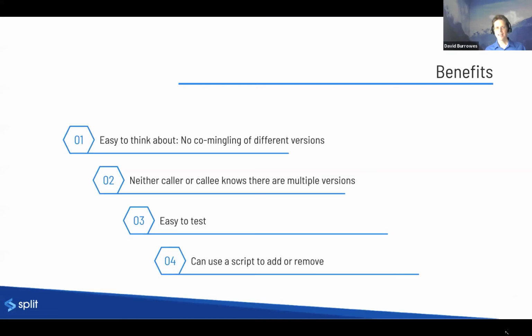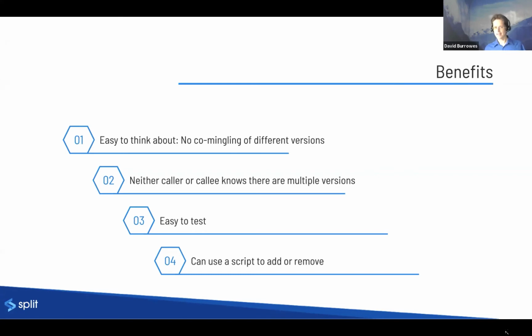Now, why is this good? This actually makes the code easier to think about. You're not trying to commingle multiple features in one body of code. Each body is really focused on its individual goal. What's interesting here is the caller doesn't know that there's a feature flag. It's calling the toggler, which delegates to one of the others.